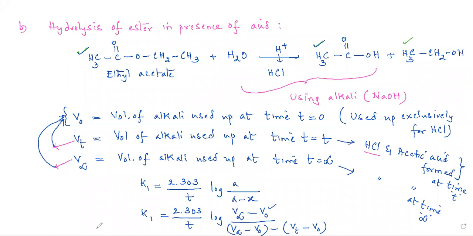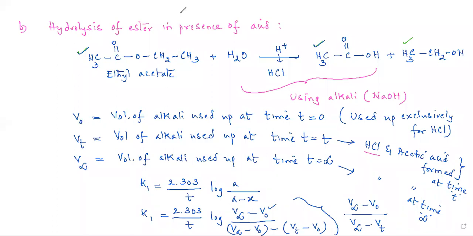Okay? So the final expression can be given as, how about this? This is V infinite minus V naught by V infinite minus, how about this? Vt. Okay. So that is how we can monitor the progress of the reaction.